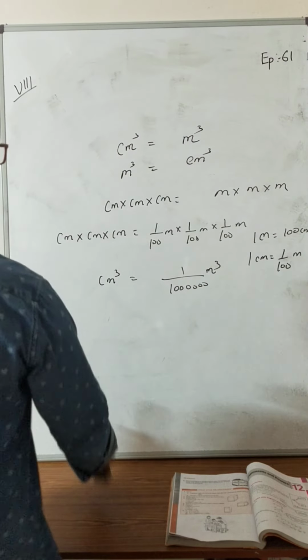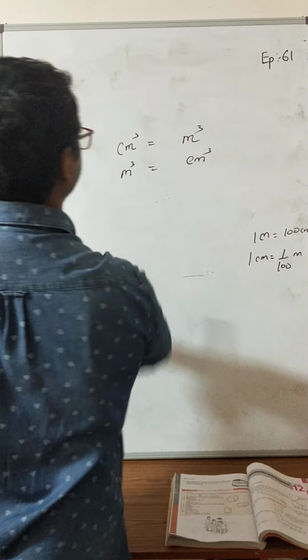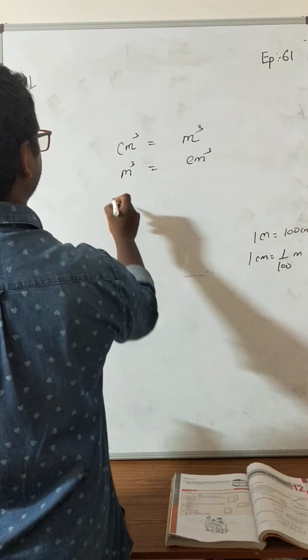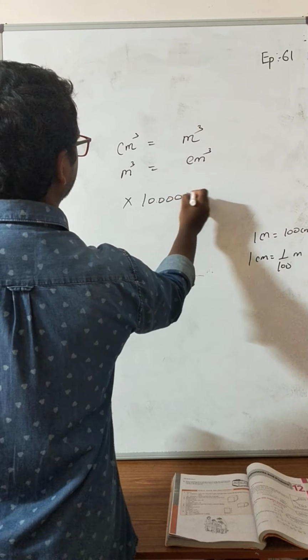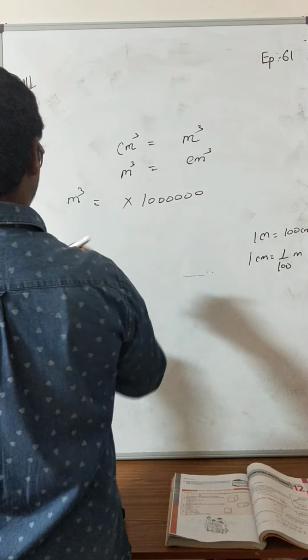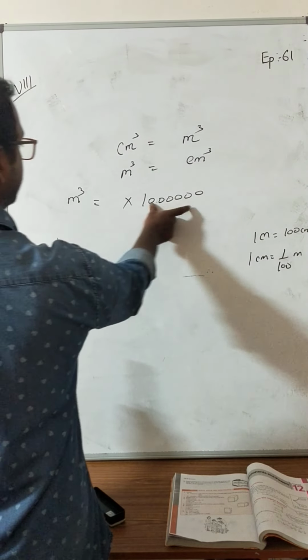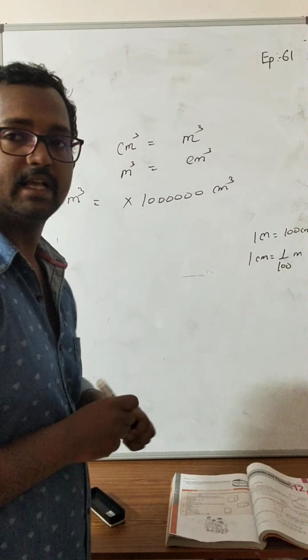In the reverse process, whenever we have to convert meter cube to centimeter cube, we have to multiply the number by 10 lakh and we will get the answer.